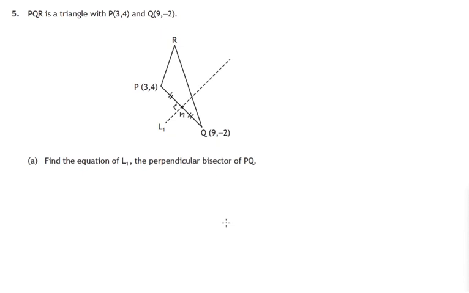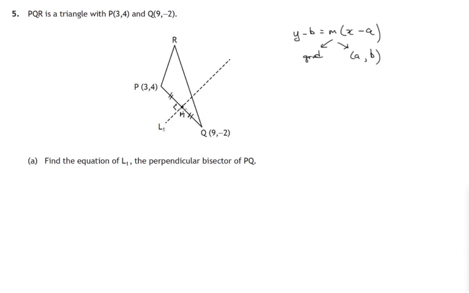So let's see if we can move forward with this. Remember, to find equations of straight lines, we would use the formula y minus b equals m(x minus a), where m is the gradient and (a, b) is a point that lies on the line. So what do we know so far about L1? Do we know the gradient?